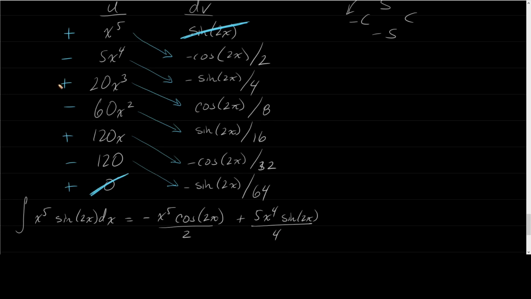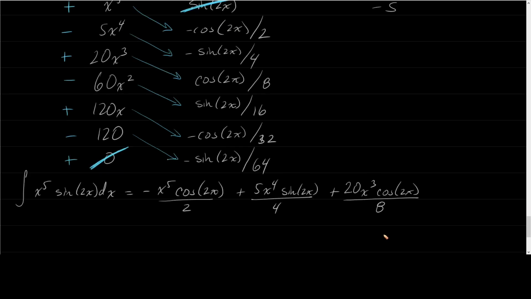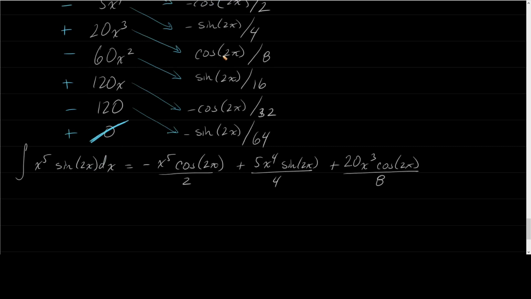Multiply again, but now we have a plus sign. Plus 20x cubed times cosine of 2x, all of this over 8. Now minus the product of these two, so minus 60x squared times sine of 2x over 16.